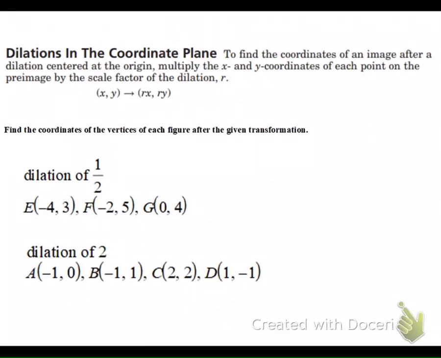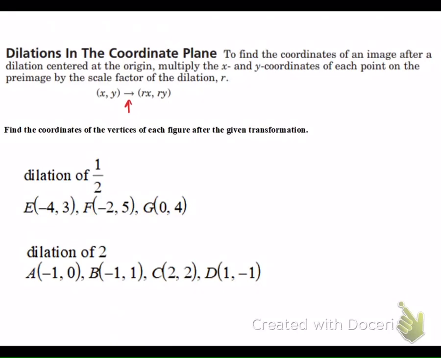Dilations and the coordinate plane. To find the coordinates of an image after a dilation centered at the origin, multiply x and y of each point by the scale factor of the dilation, r. So we call the scale factor r in this case. The equation, what you see here, is multiplied, so we're going to get r right here.